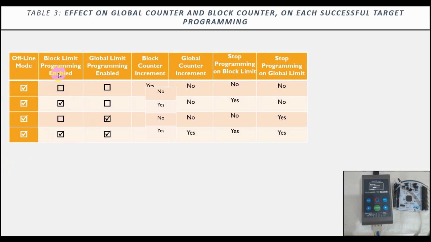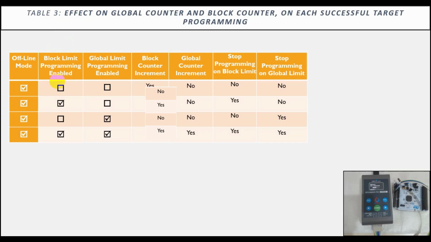Now, you know that there are different blocks available in IO Flasher. Based on whichever block number you have selected in your program, and whether you have enabled the limit programming for the block or not, there are different settings.